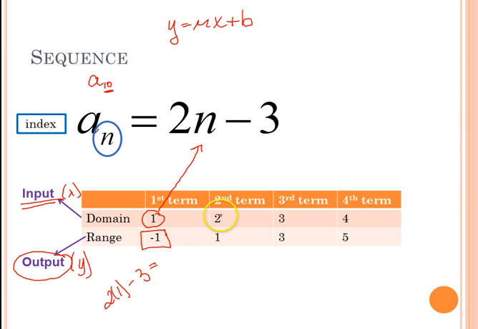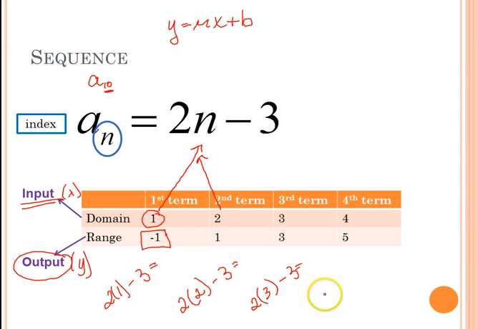So same thing for the second term. Term 2. So when I put that in, 2 times 2 minus 3. Well, 2 times 2 is 4. 4 minus 3 is 1. Same thing here, term 3. So 2 times 3 minus 3. 2 times 3 is 6. 6 minus 3 is 3.